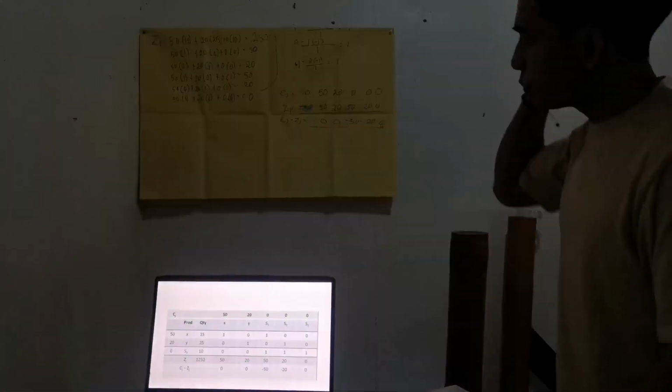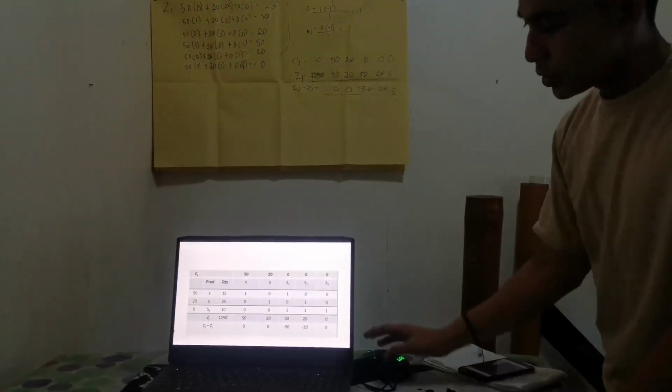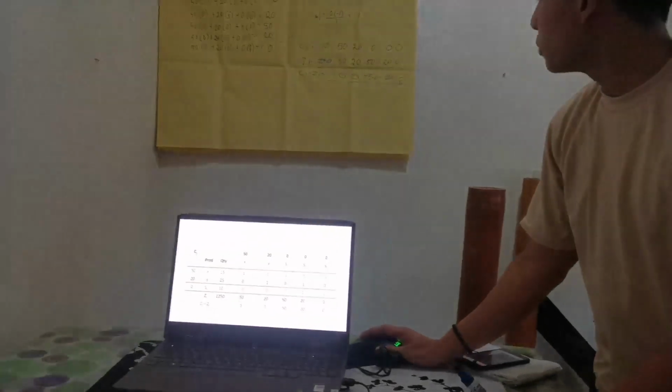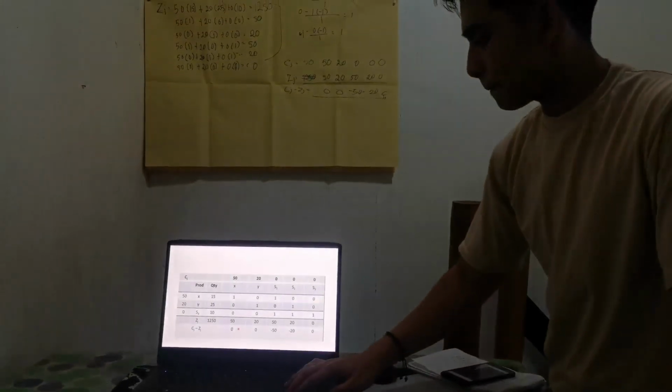Ito, yung C sub j and Z sub j natin, na-input na natin siya sa ating tableau. So, since napansin niyo na wala na siyang positive value, dyan na yung final answer natin.